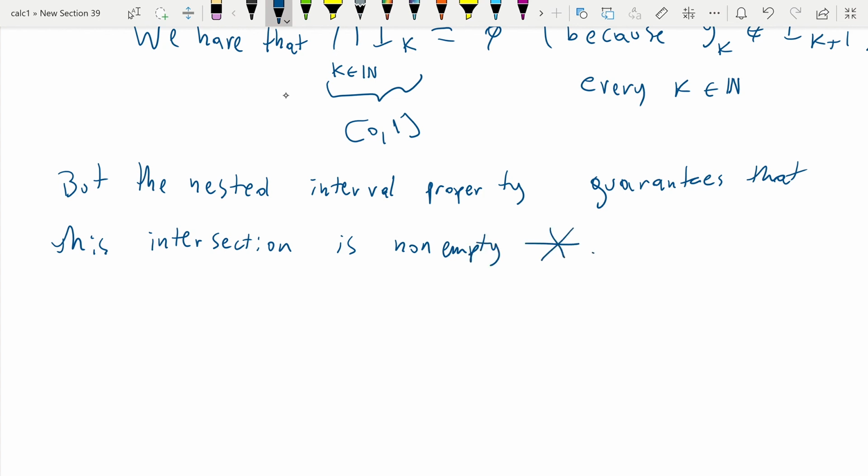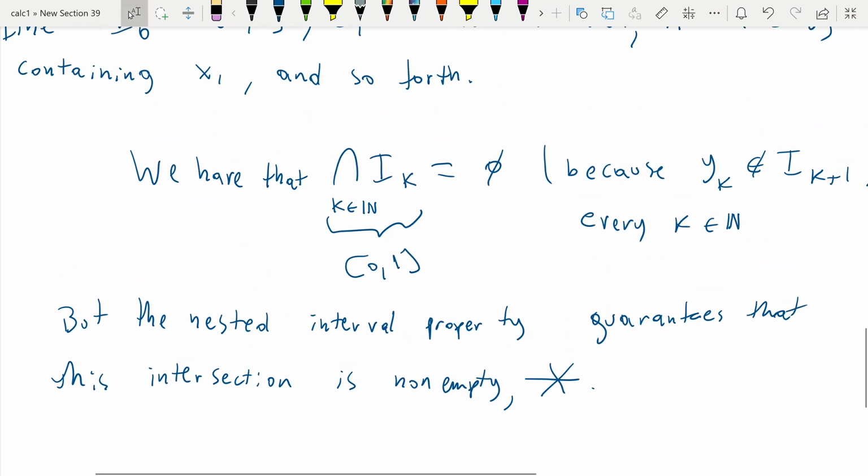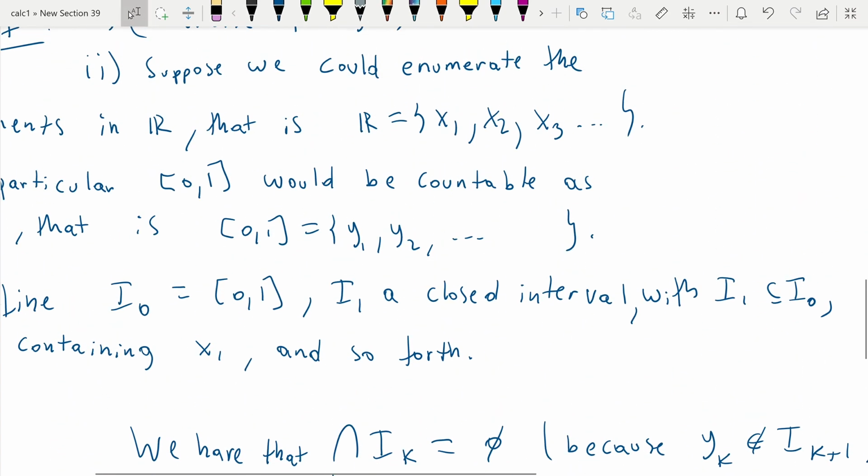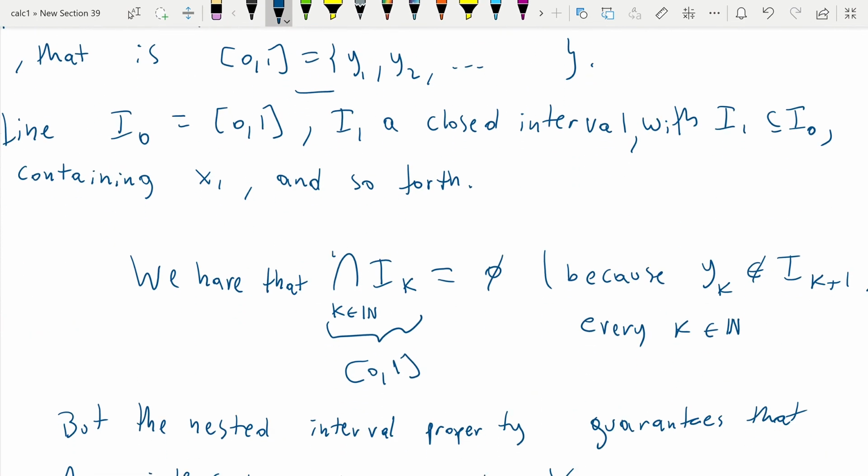So contradiction. And what's the contradiction? The contradiction comes from the fact that we assumed that the closed interval 0, 1 was countable. And so this is the problem.